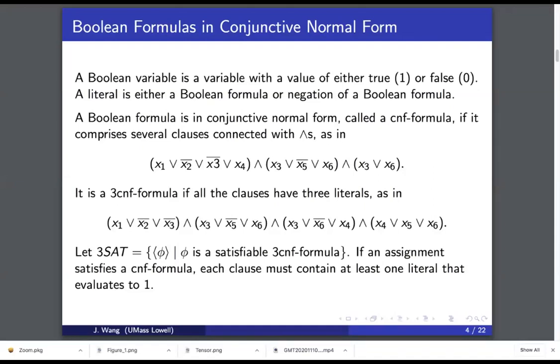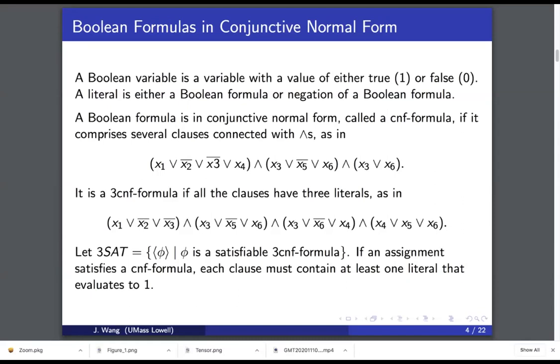It has 6 variables, 3 clauses, and this one has 6 variables and 4 clauses. This one has a particular form in the sense that each clause has exactly 3 literals, and they don't contain conflicting literals.